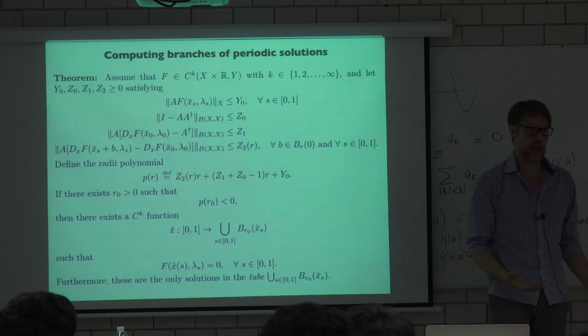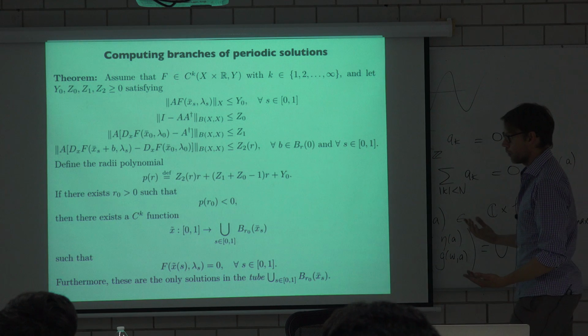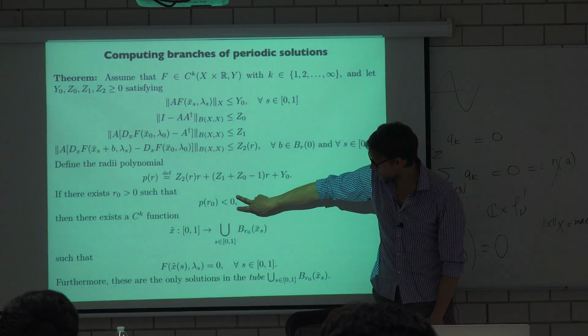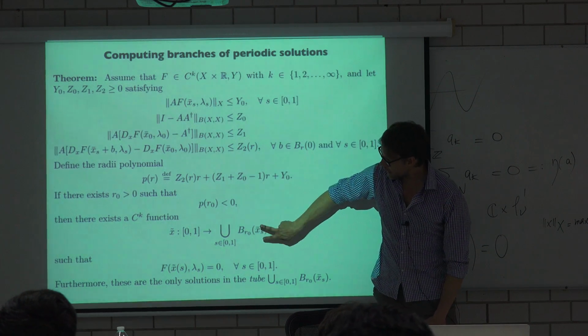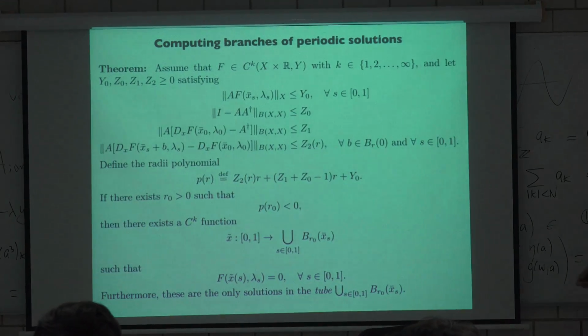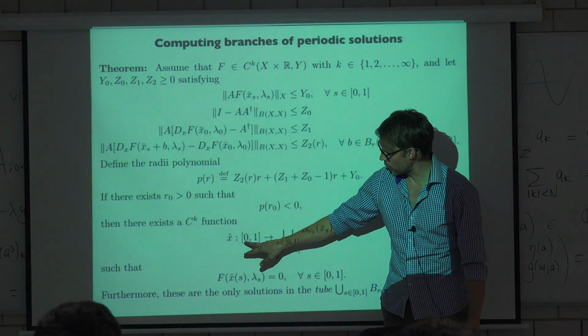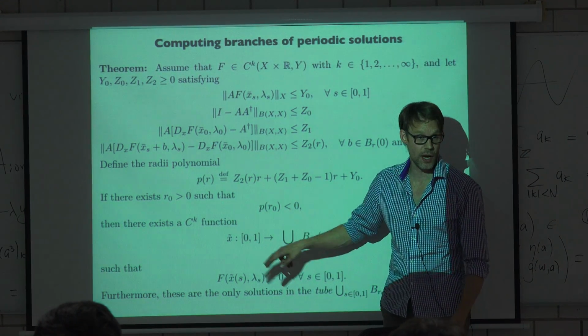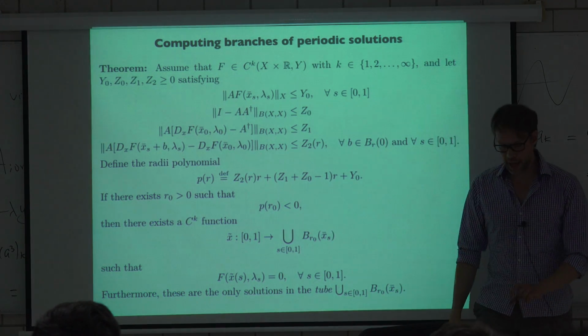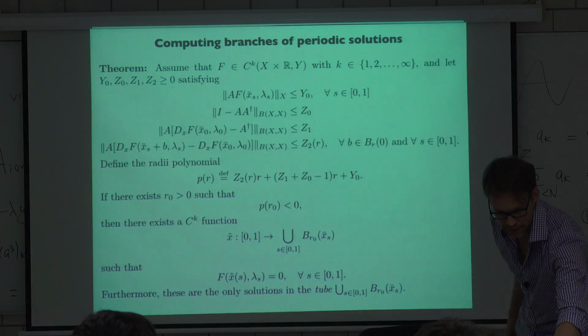But once you're willing to do that, then the same conclusion holds. So if you define the same radii polynomial, if there exists a positive r for which this is negative, now there is more than just one solution. Now there's a curve of solutions. In that case, it is x tilde that goes from, it's a function parameterized over [0,1] with values in the ball, now centered at, this is basically this, right?